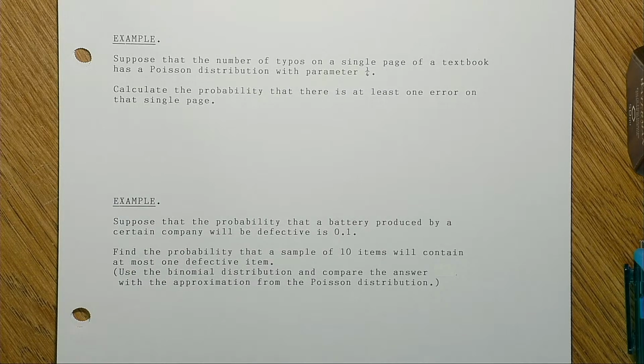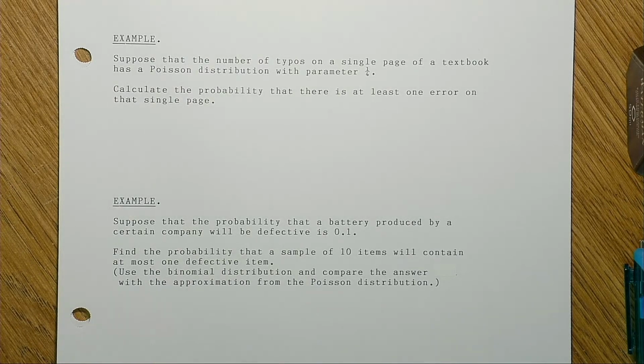Okay, so is everyone ready? We can start to resume our discussion about the Poisson distribution.